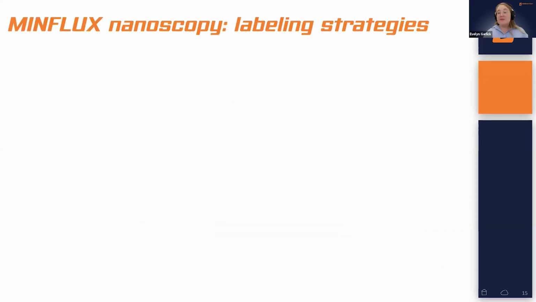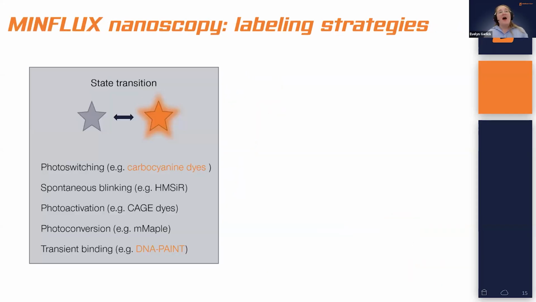So the main strategies, the main ways that this is done are photo switching approaches, so using carbocyanine dyes like Alexa 647 or our flux dye range. These are the most common implementations for direct STORM microscopy. You may have come across these before, where you're using a thiol-containing buffer, so something like beta-mercaptoethanol or mercaptoethylamine.